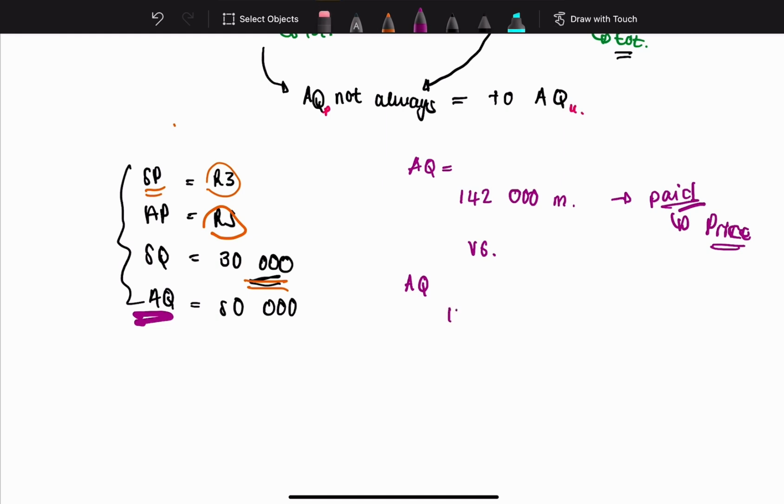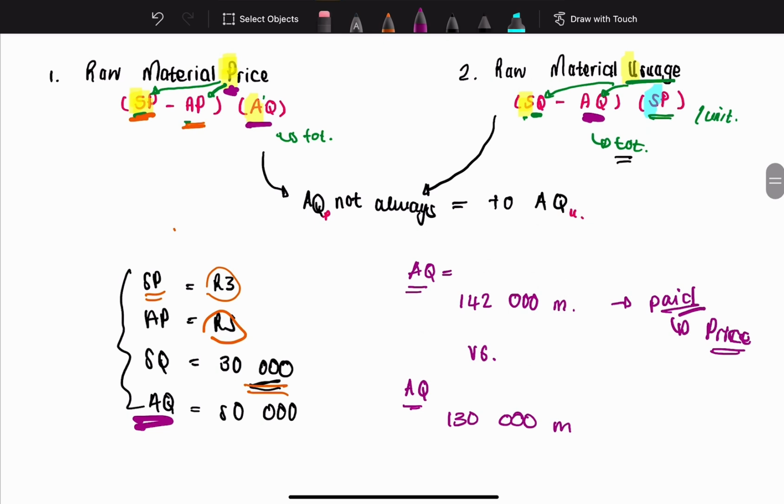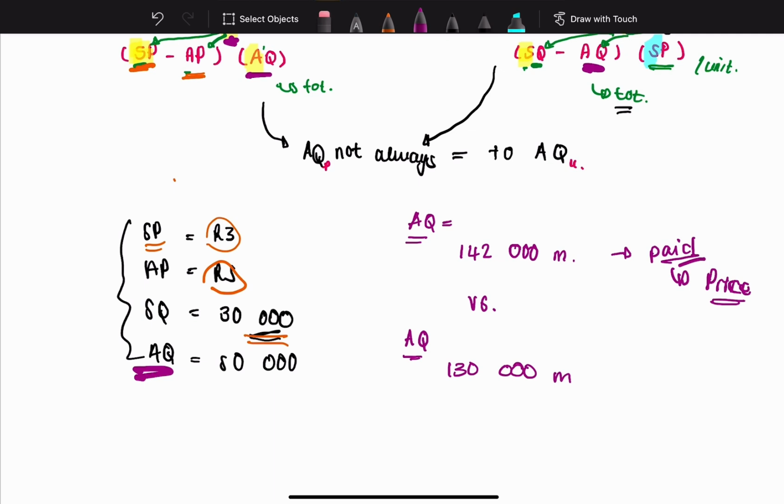So we've got 130,000 meters actual quantity. So how much then did we use? Okay? So we paid for this amount in terms of quantity but this is how much quantity we used. So this is just how much we paid for, not necessarily how much we used. But our usage variance then talks of how much we used.